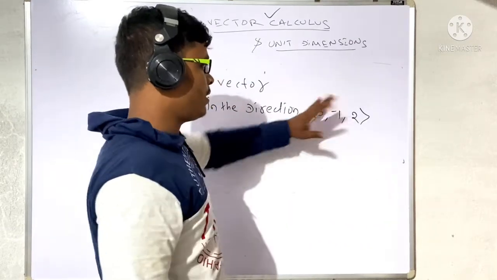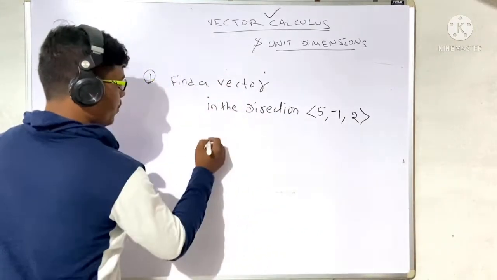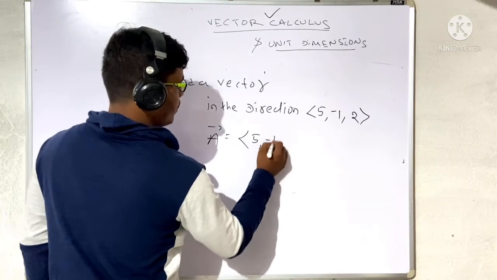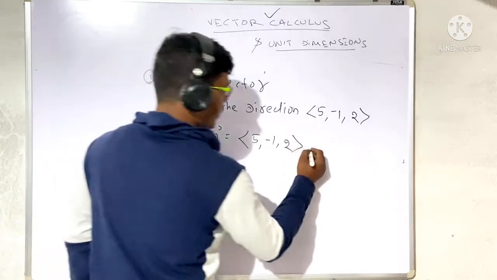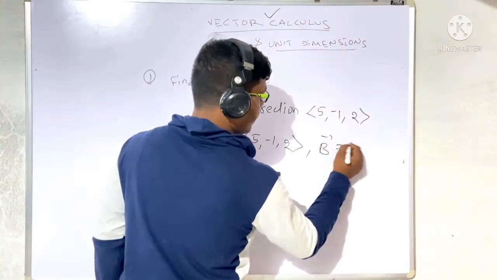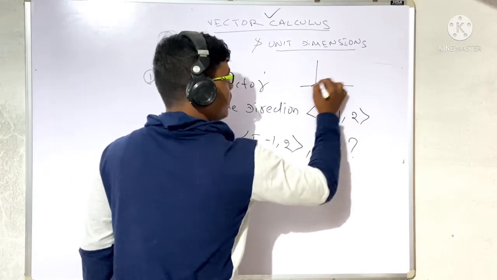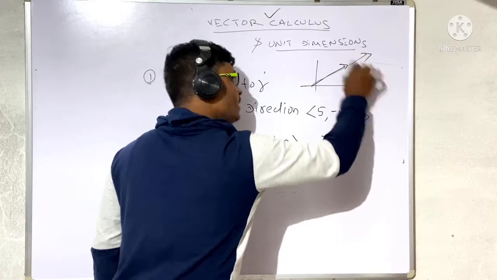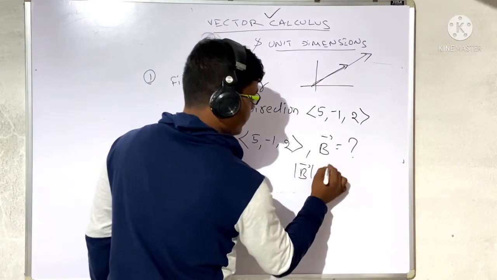Let us denote this vector as vector A, which is (5, -1, 2). Find another vector in the direction of A. If A is moving in this direction, find another vector B that also moves in this direction, but the magnitude of B is 8.